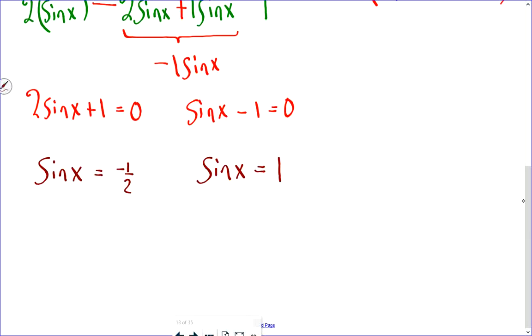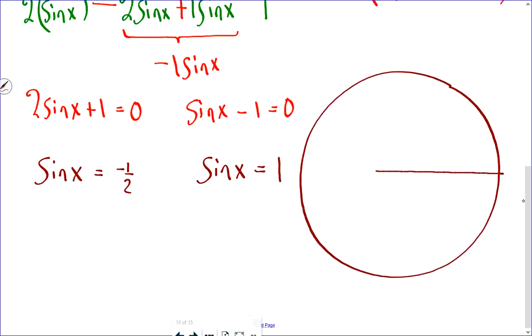Because a sine of a rotation angle being negative 1/2 is where the y coordinate on the unit circle is negative 1/2. Something you need to be very aware of, the x in this equation is not an x coordinate, it's a rotation angle. It's theta.